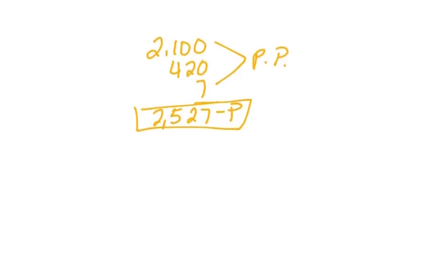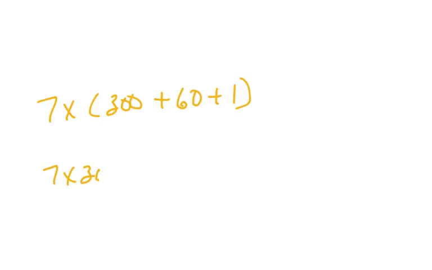Now another way to do this same exact problem is 7 times 300 plus 60 plus 1. If you want this to look a little bit neater and not draw all of these arrows pointing around, you can write 7 times 300 in parentheses, plus 7 times 60 in parentheses, plus 7 times 1.